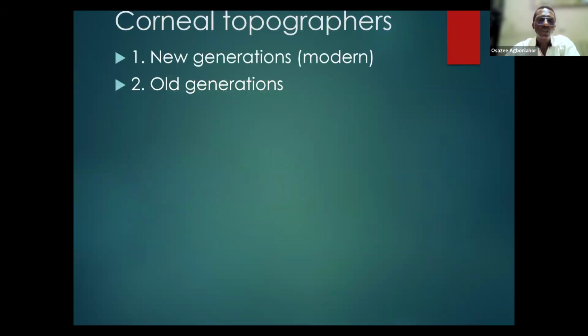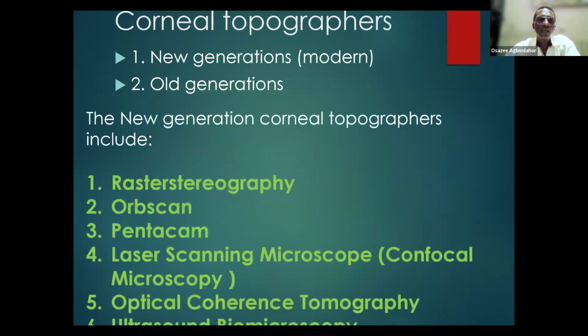We have two broad classes, the new generation and the old generation. These here are the new generation topographers. So your OCT can be classified as a topographer. The reason is that anterior segment OCT gives you information about the cornea. It tells you how curved and how thick the cornea is. It may not give you other information about localized curvatures.